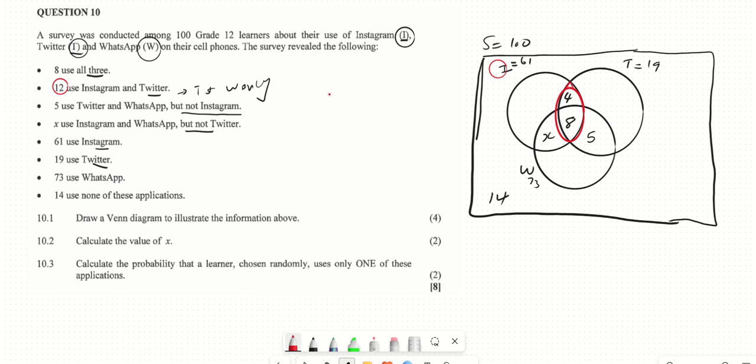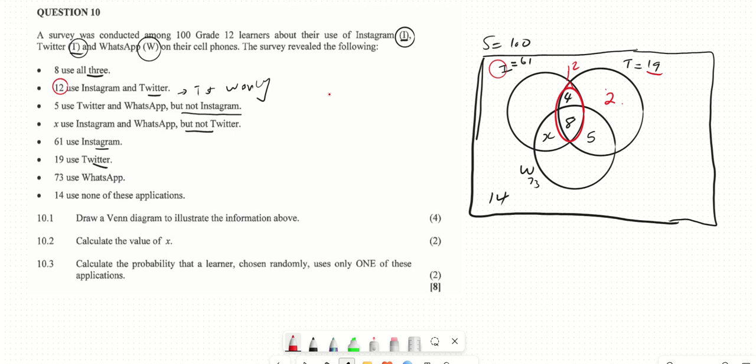Out of these 12, 4 use this only. They don't use WhatsApp, but 8 use both. So for Twitter, 8 plus 4 plus 5 is 17 out of 19, so we are left with 2. So 2 use Twitter only.